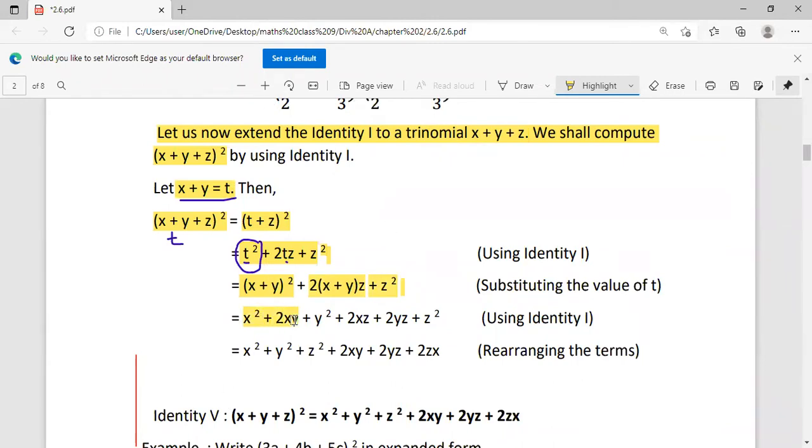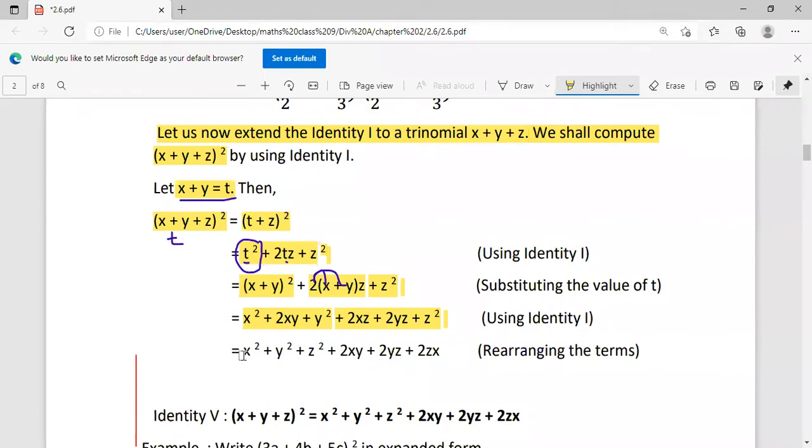So that is x squared plus 2xy plus y squared plus, opening the brackets here, 2x plus 2y, and again multiplying it by z, so 2xz plus 2yz, plus the remaining term z squared. And we are just rearranging.